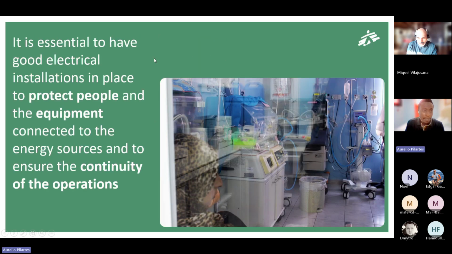So as we know, it is essential to have a good electrical installation in place in order to protect people, the equipment, and the installation itself. And all this equipment that is connected to the energy sources, and also to not having power outages, so as to ensure continuity in the activities.